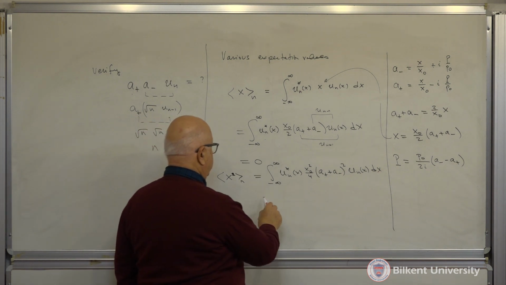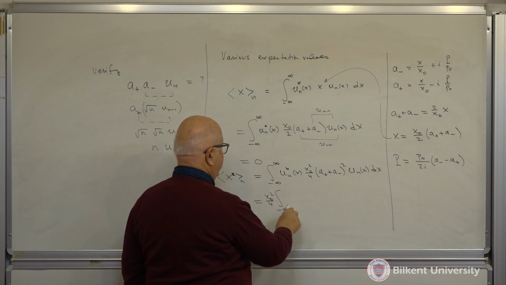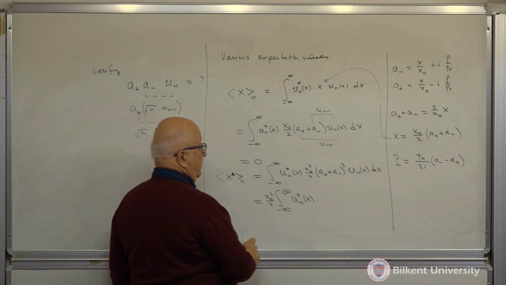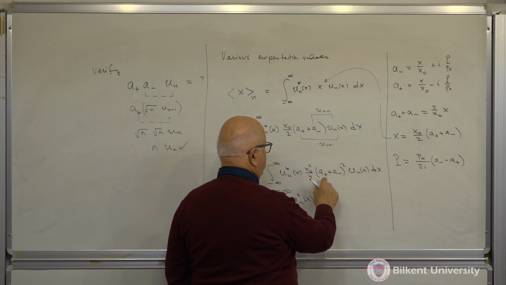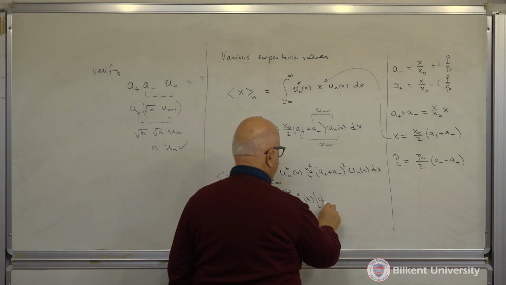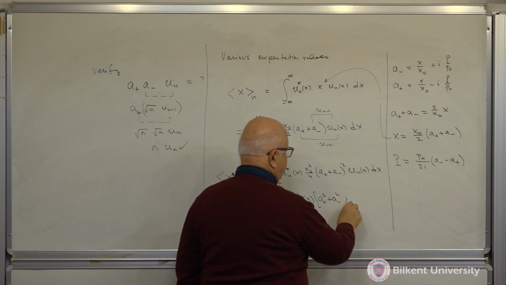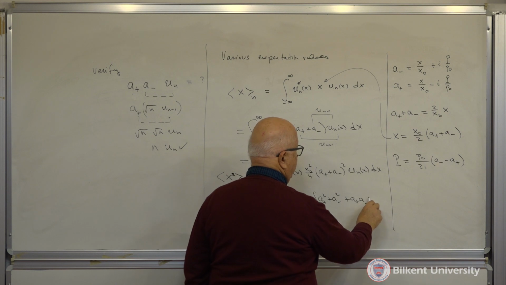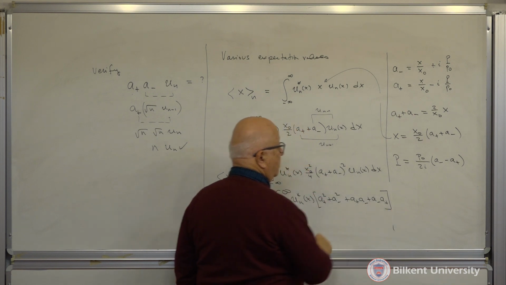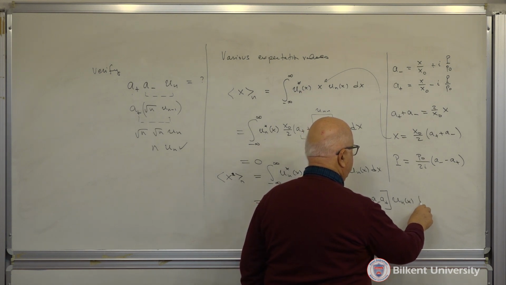So now I can expand this. x0 squared over 4 comes out of the integral from minus infinity to infinity of un star of x, and then a bunch of terms. Square of this. Remember that these are operators and they do not commute. So I'm going to get a plus squared plus a minus squared. Then I'll get an a plus a minus, and then a minus a plus, and un of x dx.